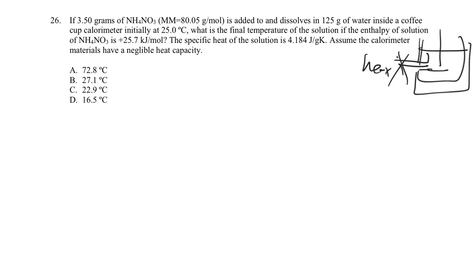Okay, so ammonium nitrate added to water dissolves in the coffee cup calorimeter initially at 25 degrees C. What is the final temperature of the inside of this calorimeter? If the enthalpy of solution of the compound is 25.7 kJ per mole, that we showed on the previous slide, and then we're given the specific heat of the solution is that of water, and that the materials have a negligible heat capacity, meaning that we're not worried about the materials absorbing heat, it's just the heat of the solution as it relates to the heat of the reaction.